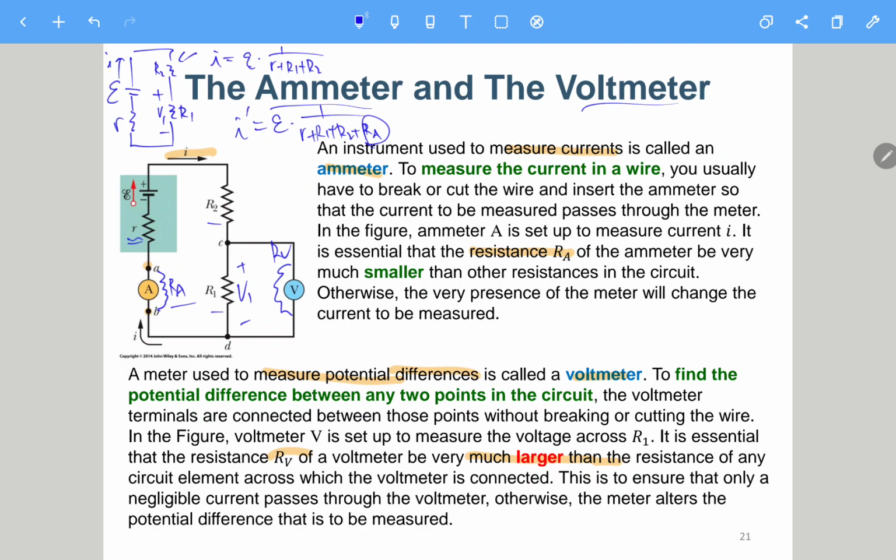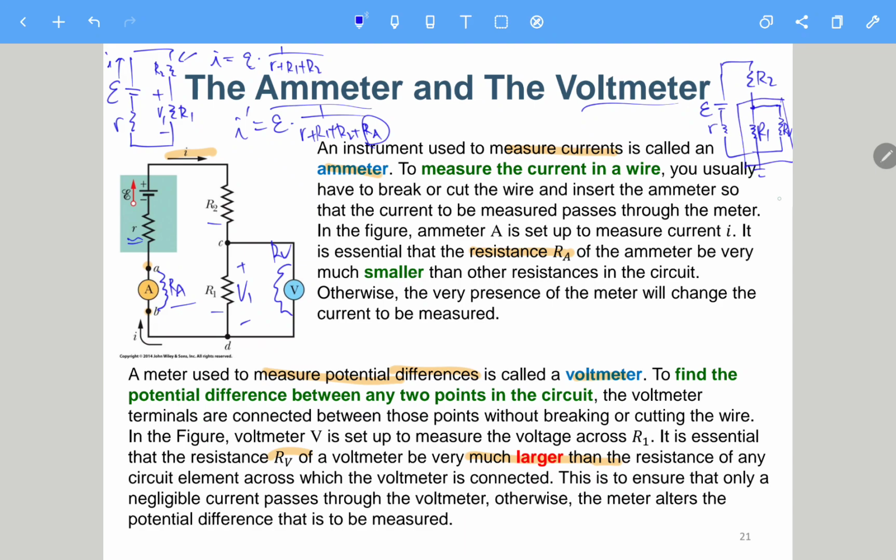When you connect the circuit like this, it looks like this is E, this is small r, and then we have R2, and then you have R1 here. After you connect the voltmeter, it's just like you connect RV in parallel with the point you connect. So the other part doesn't change.